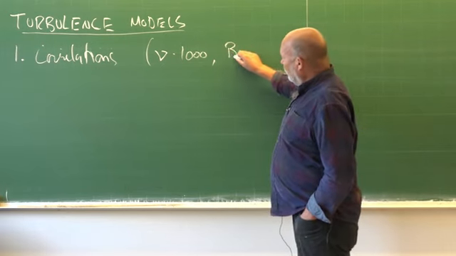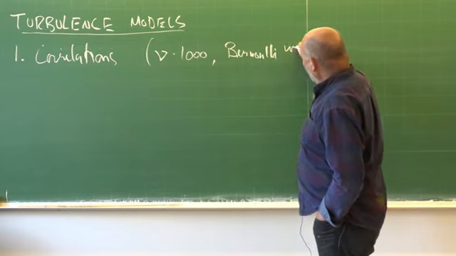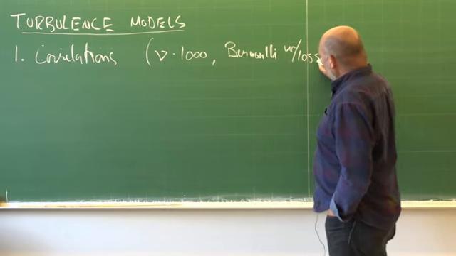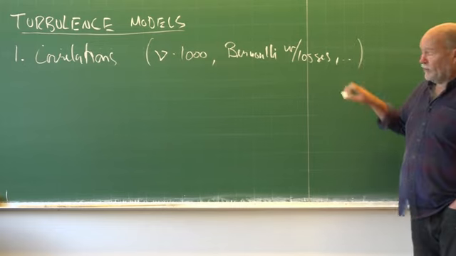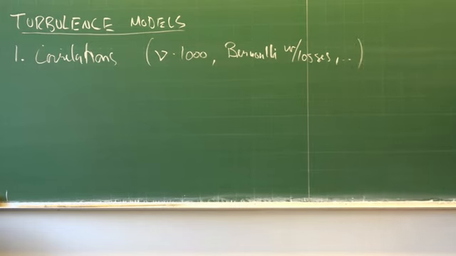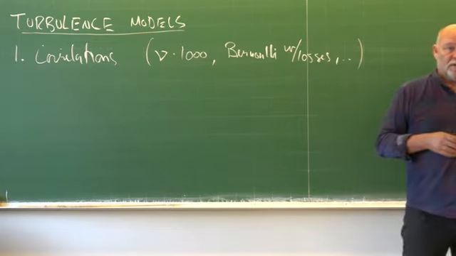You know Bernoulli, and then with losses. So that's one very simple turbulence model for you. You have some friction factors in this Bernoulli with losses, or energy equation if you like, from basic fluid mechanics. Then typically it's a function of the Reynolds number, and it's been found through a lot of experiments.